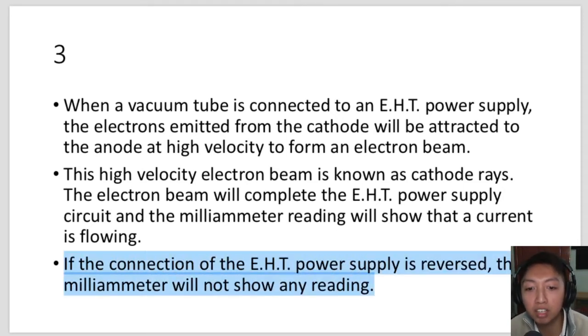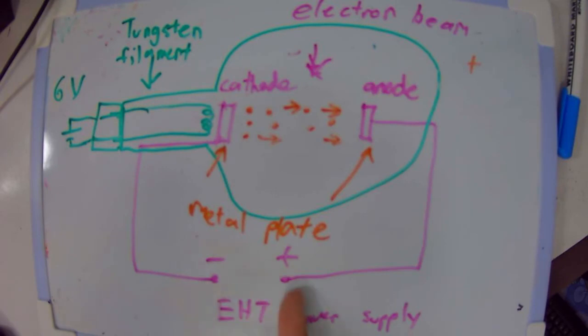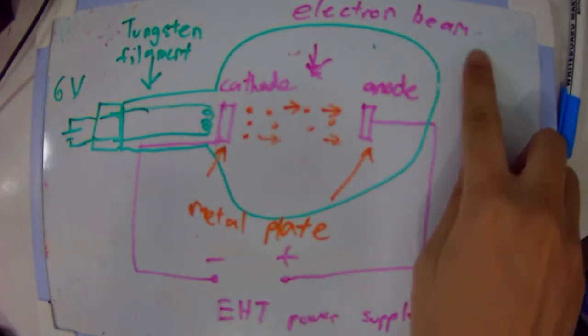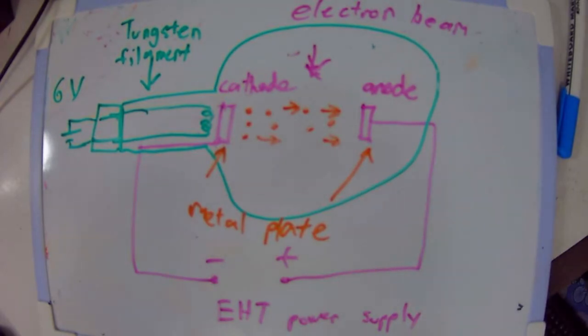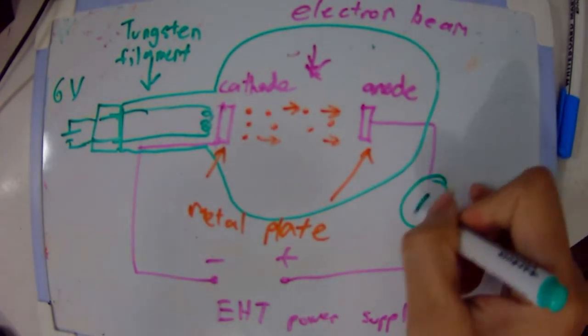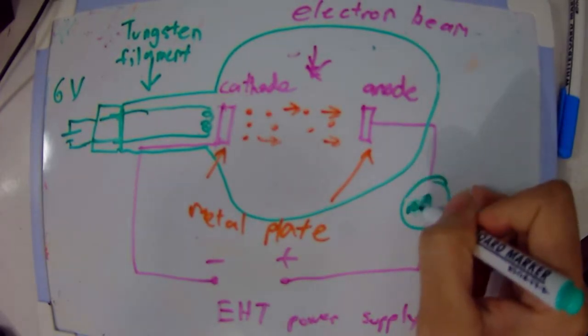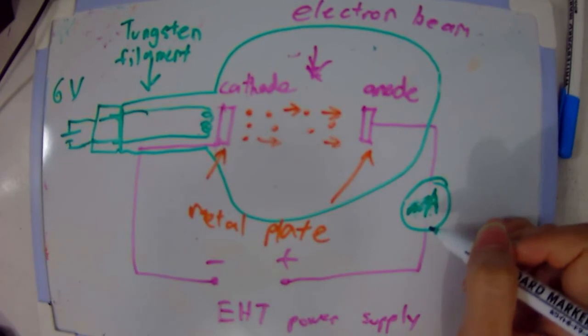If the connection of the EHT power supply is reversed, the milliammeter will not show any reading. So going back to our whiteboard, if I was to take these two ends, let me just put my milliammeter here.